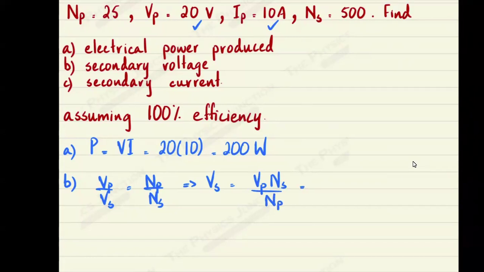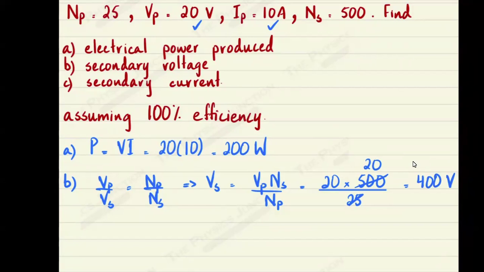Vp is the primary voltage, which is 20, Ns is the number of turns on the secondary, which is 500, and Np is the number of turns on the primary, which is 25. Now I just need to work this out. 25 times 4 is 100, and 4 times 5 is 20, so this is turning out as 400 volts.